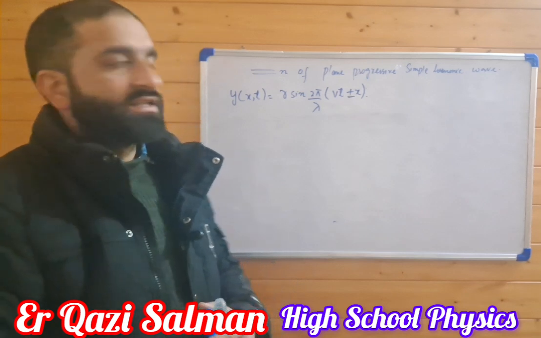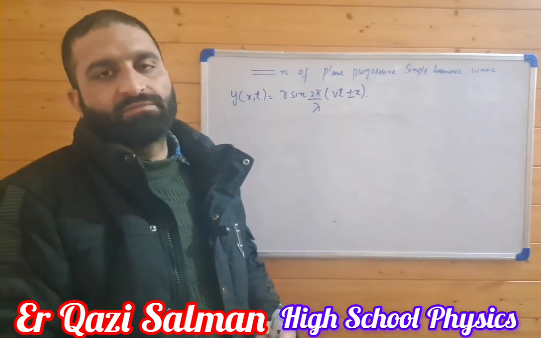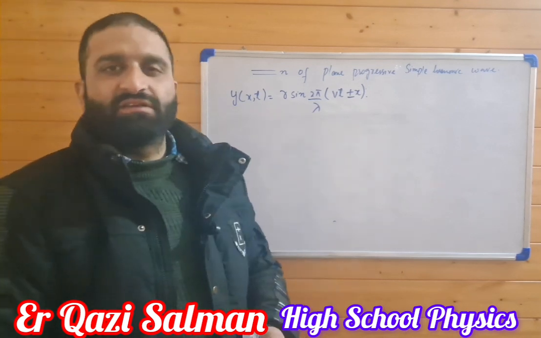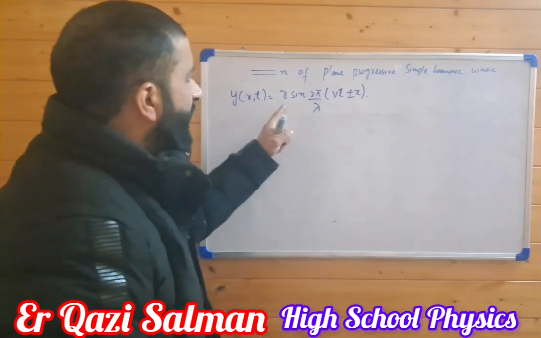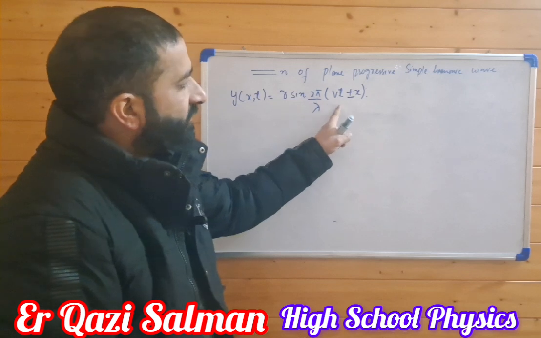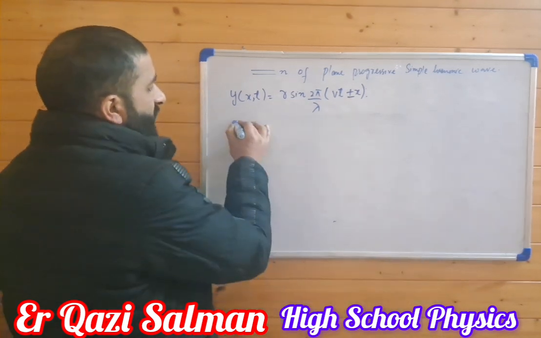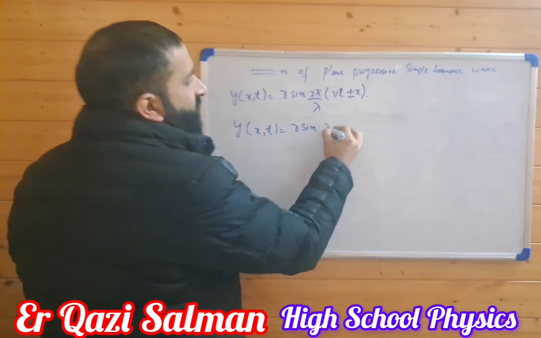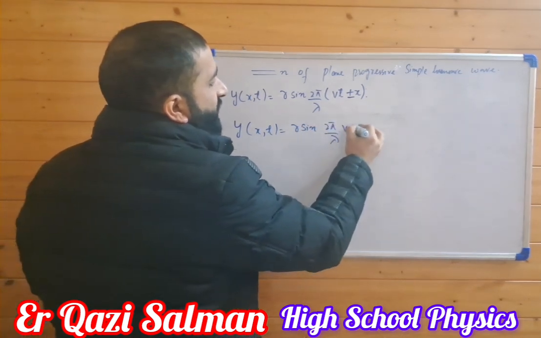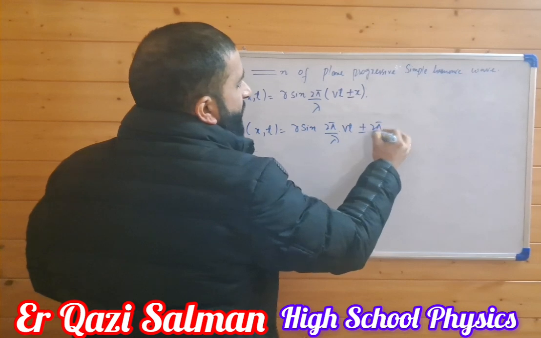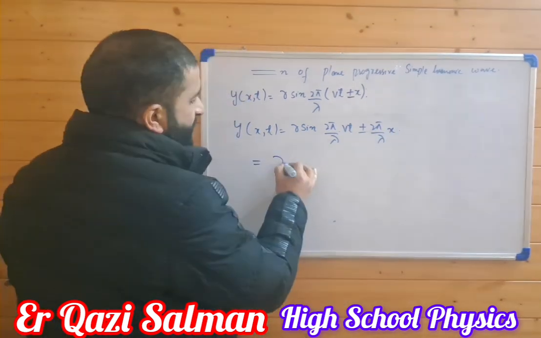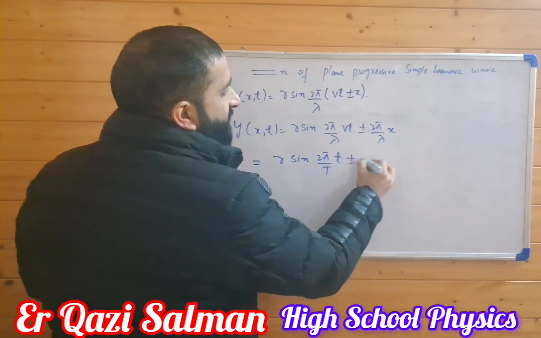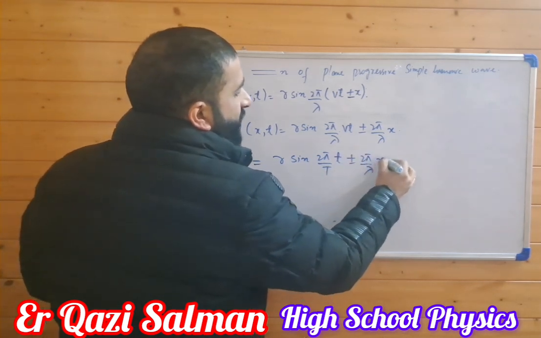Another way of representing the equation: this is the general equation for the plane progressive wave that is simple harmonic in the x direction, whether positive or negative. Here we will multiply 2 pi by lambda with both vt and x. We get y at x comma t is equal to r sine of 2 pi by lambda into vt plus or minus 2 pi by lambda into x. This becomes r sine of 2 pi by T into t plus or minus 2 pi by lambda into x.